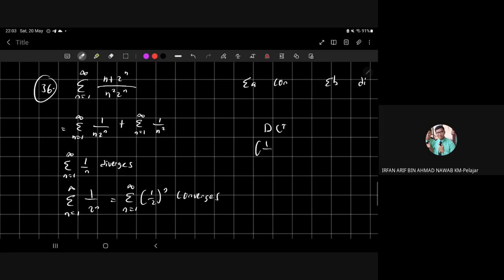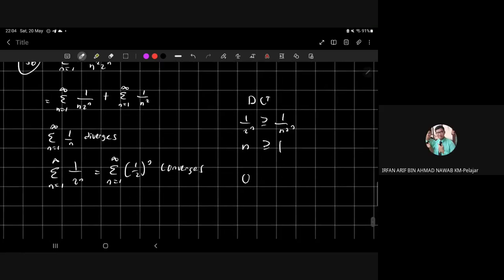Side by side comparing, I can write it down as 1 over 2 to the power of n and 1 over n to the power of n. Well, this looks promising. The left hand side will always be larger than or equal to the right. So we can build the inequality, because here it satisfies the conditions for the direct comparison test. This converges and is larger than or equal to our test series.